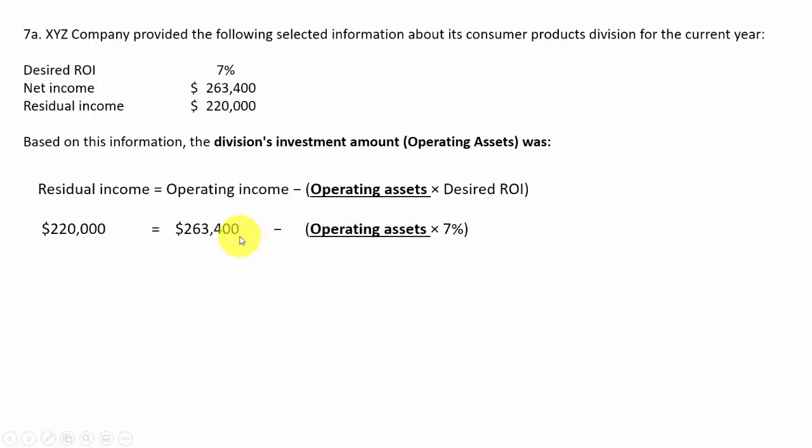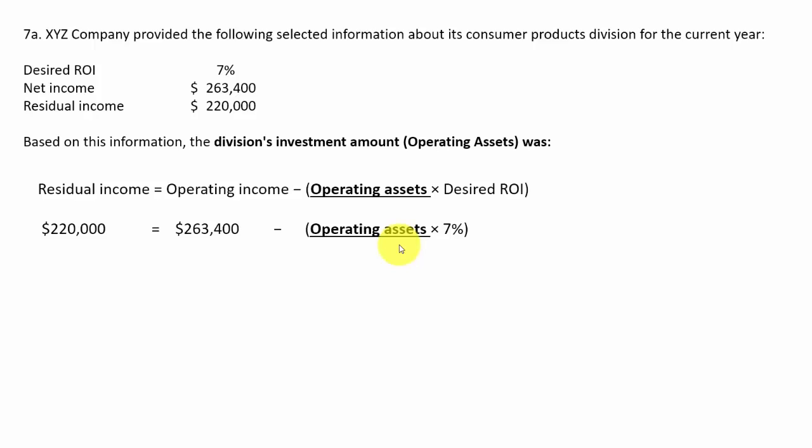And if this side's 220 and this piece is 263.4, then all this information right here has got to be 43.4, right? 43.4.